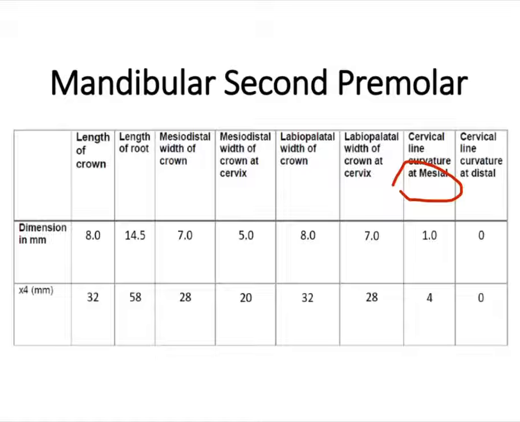We start by illustrating the mandibular second premolar, drawing it from all 5 aspects. The mandibular second premolar resembles the mandibular first premolar, but only from the buccal aspect.